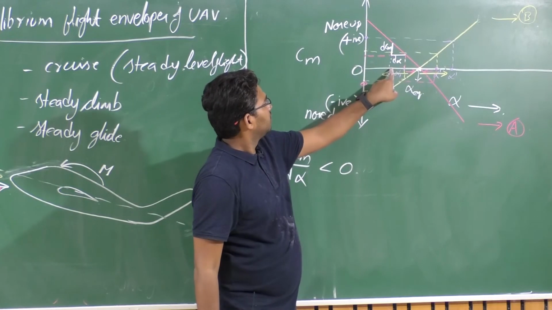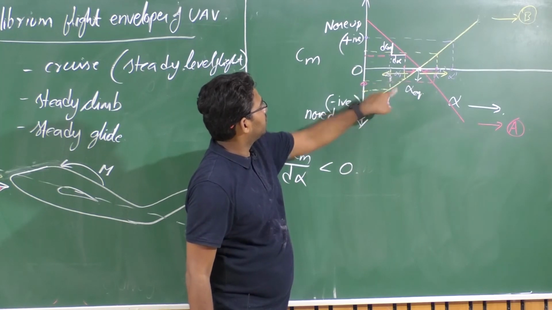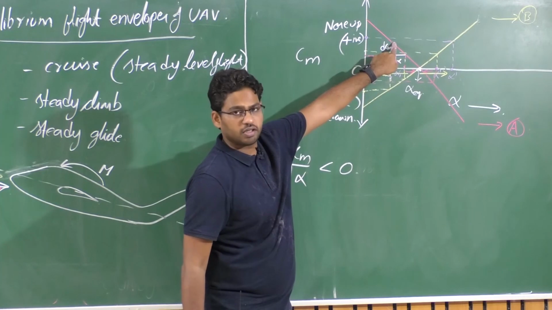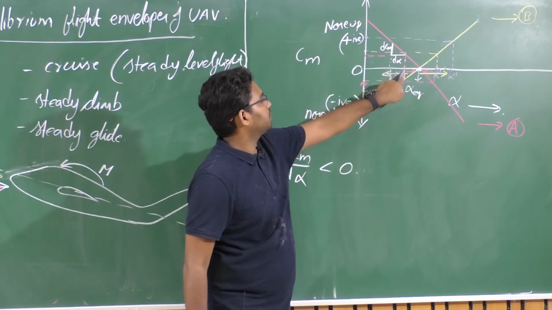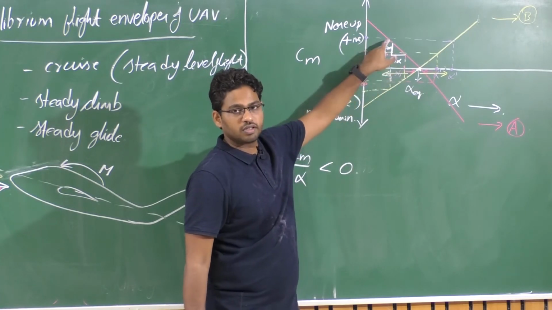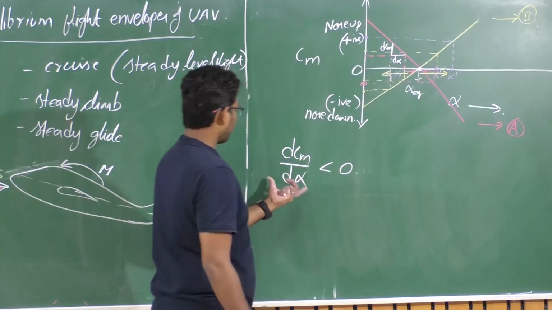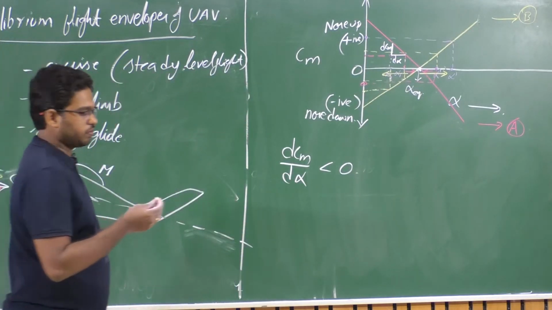You can see, at alpha double prime you have a higher pitching moment, and at alpha prime, which is higher than alpha double prime, you have lower pitching moment. So the change is negative. There is a negative slope here. So the Cm variation with respect to angle of attack should be negative.